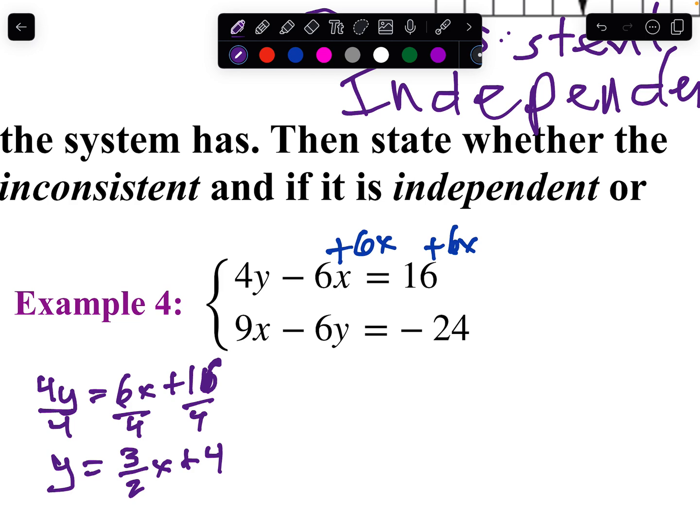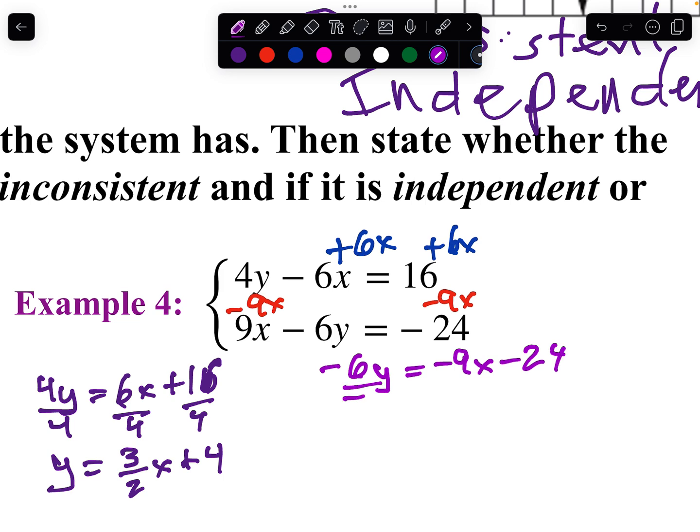Now I'll do the same thing on my second line. First thing I'll do again is I will subtract 9x from both sides. So then I'll get negative 6y equals negative 9x minus 24.